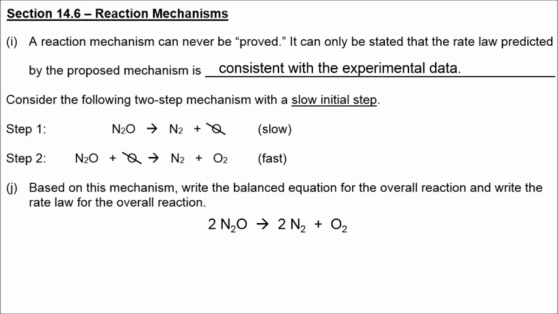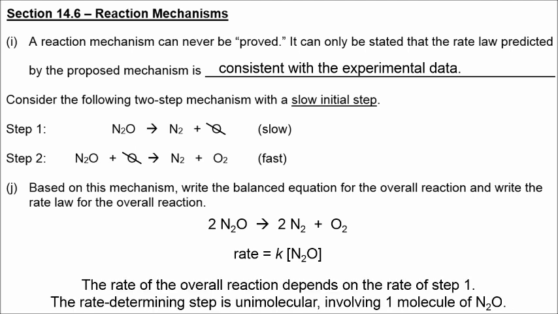Now look at that slow step. It's unimolecular. So therefore, the rate of the overall reaction depends on the slow step. The rate determining step only involves 1 molecule of N2O. So therefore, that particular rate would be first order with respect to N2O.